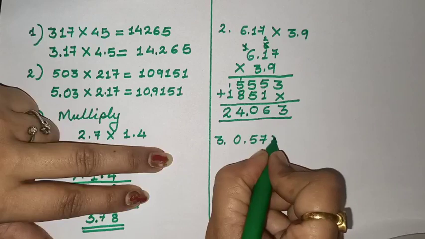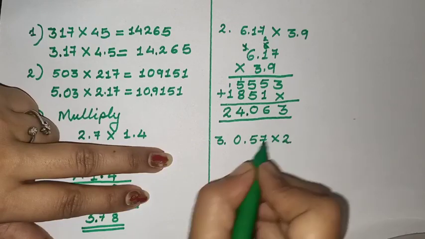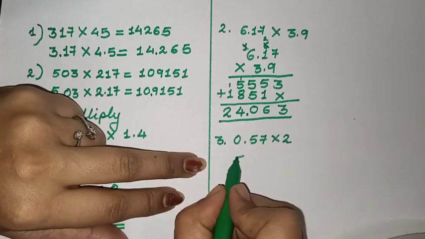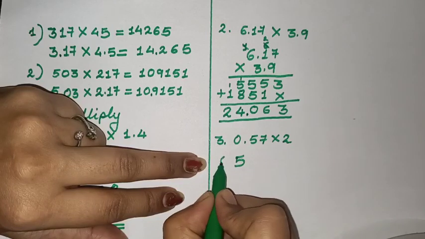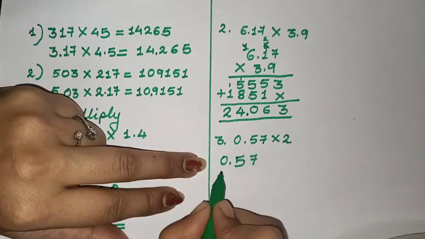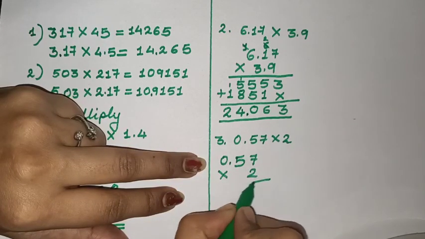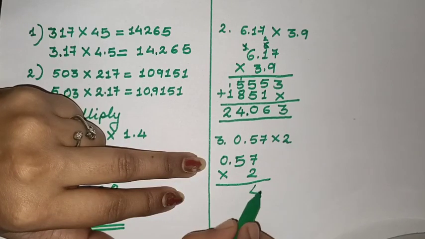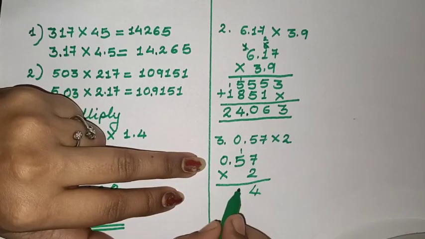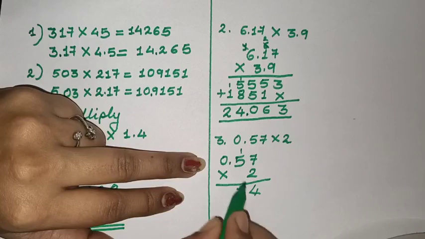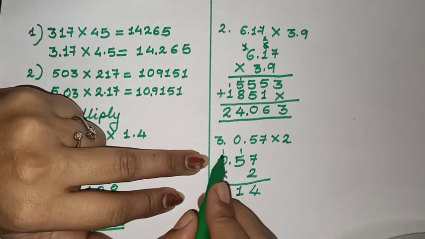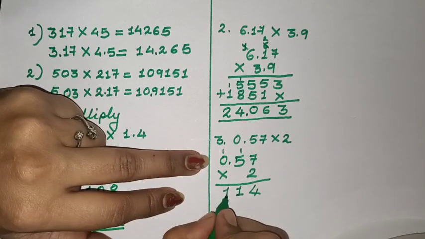Let us see the next question. 0.57 multiplied by 2. So let us multiply it. 0.57 multiplied by 2. 2 sevens are 14. 2 fives are 10, plus 1, 11. 1 will go here. 2 zeros are 0, plus 1, 1.